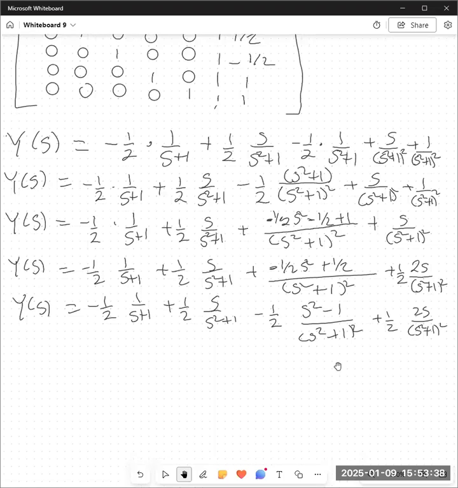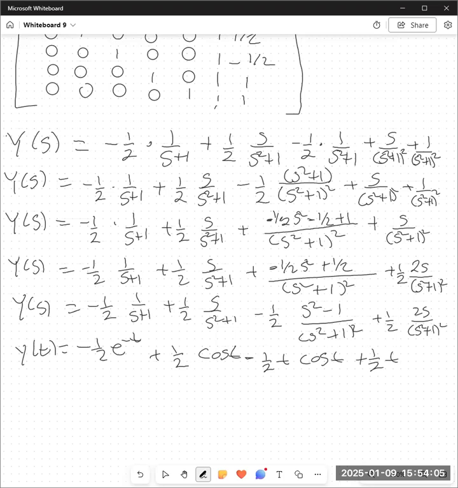It's exactly what I need for that term. So this is negative 1/2 e to the negative t plus 1/2 of cosine of t minus 1/2 t cosine of t plus 1/2 t sine of t.